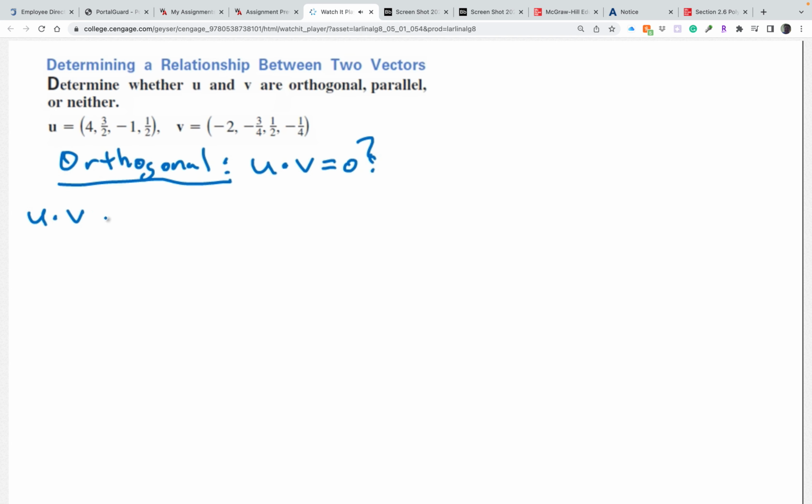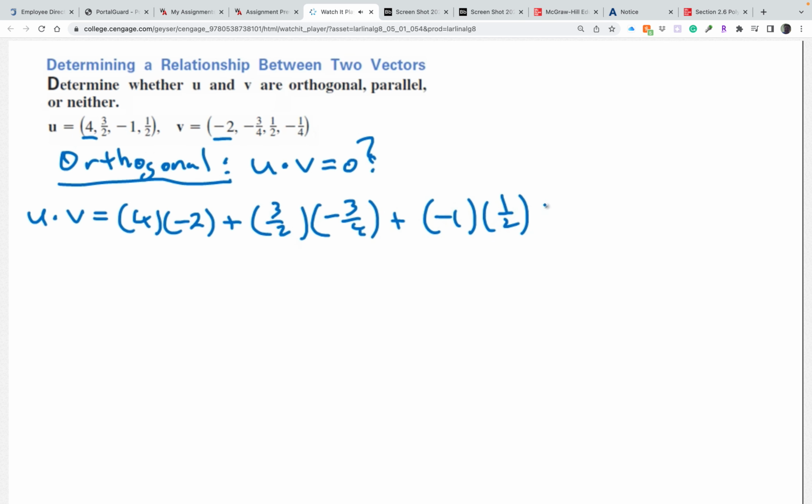To find u dotted with v, of course, we'll just take the sum of the products of the corresponding components. So we'll take 4 times negative 2, and we'll add 3/2 times negative 3/4, and then we'll add negative 1 times 1/2, and then finally we'll add 1/2 times negative 1/4.